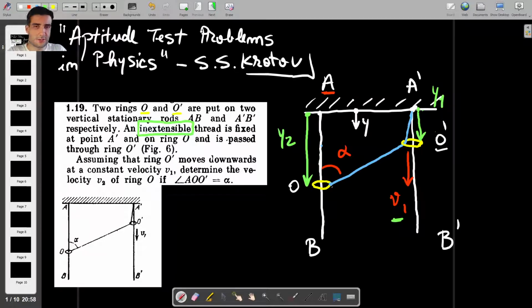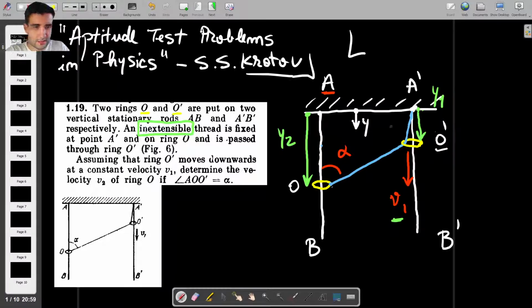So let's actually try to find an expression for the length of the thread. Okay, so I'm going to call the length of the thread capital L. And the thread is made of two parts. It's made of this y1 bit.